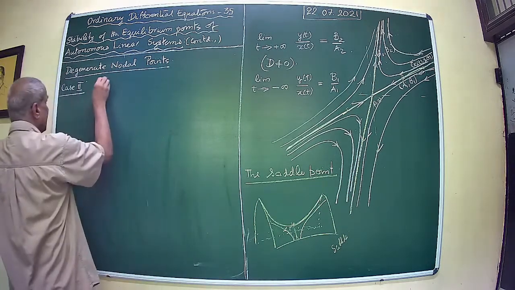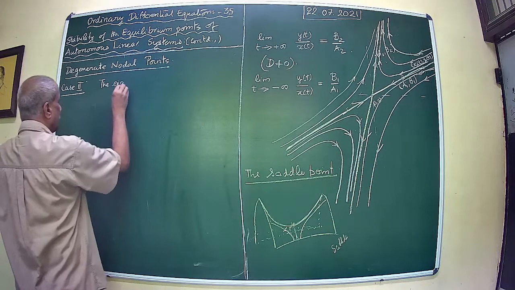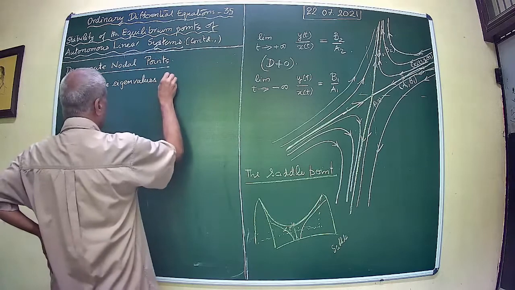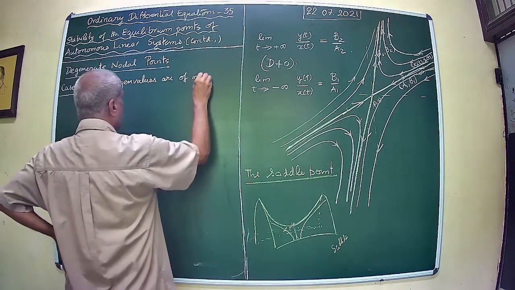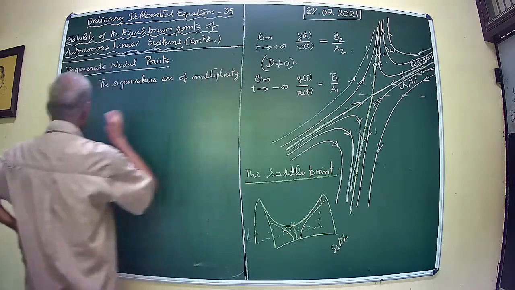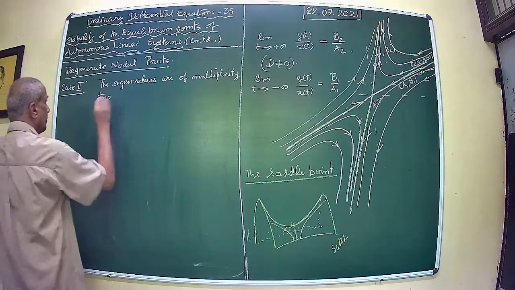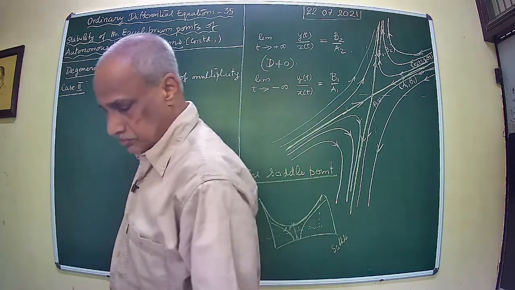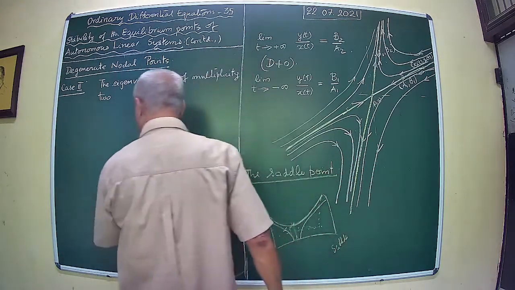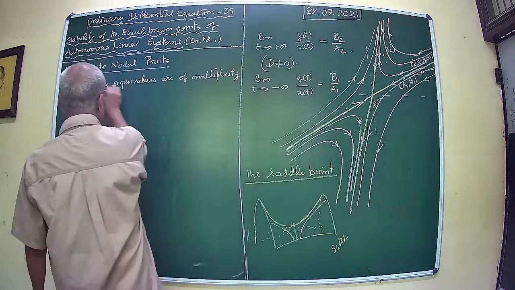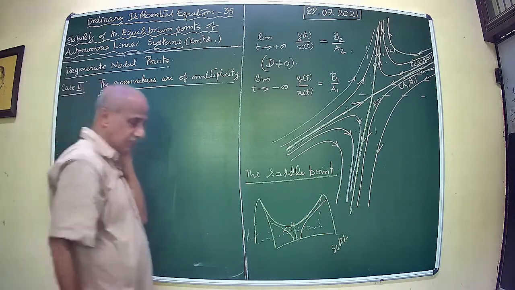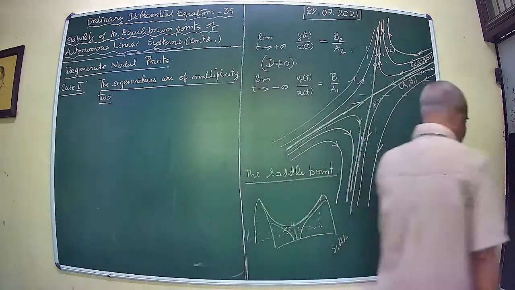The eigenvalues are here, multiplicity 2. In this situation, lambda is the only root of the characteristic polynomial.